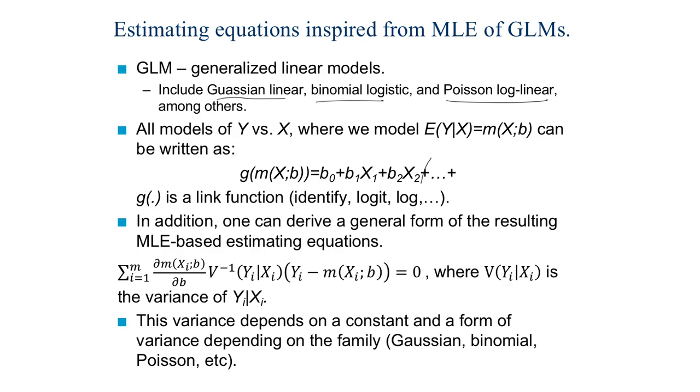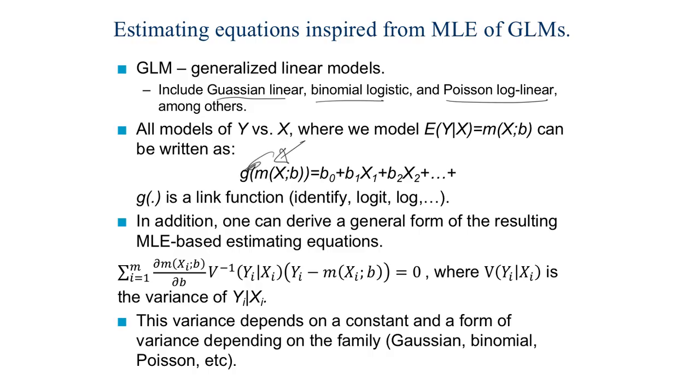And meaning we can, again, I did this early in the course, I can write that, the important thing is G here is some link function, either identity in the linear case, where I don't transform the linear part at all, logit in the logistic case, and log in the Poisson log linear case.